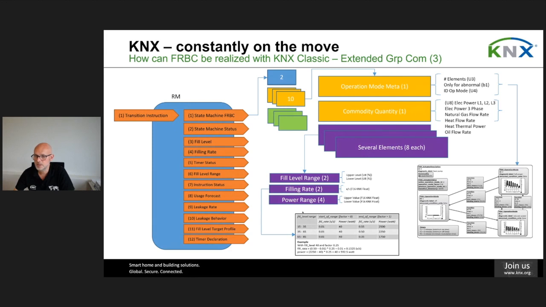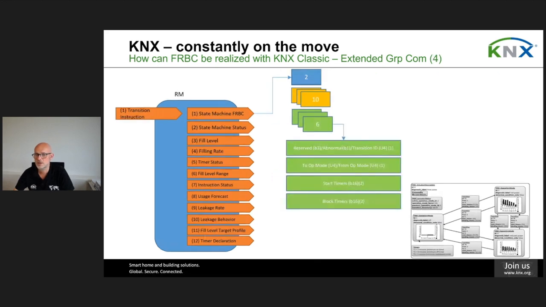And we indicate the power range, so exactly these values, as F16 KNX float. And then we move on to the transitions. I will now explain to you how the transitions are modeled.